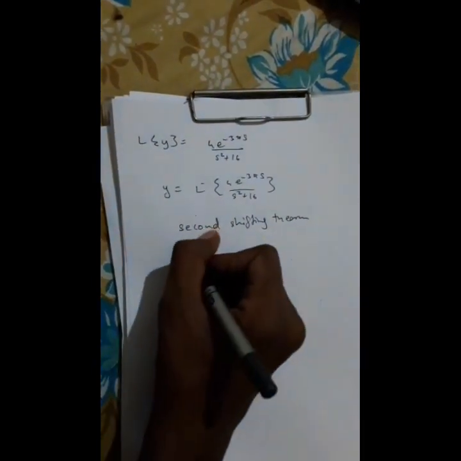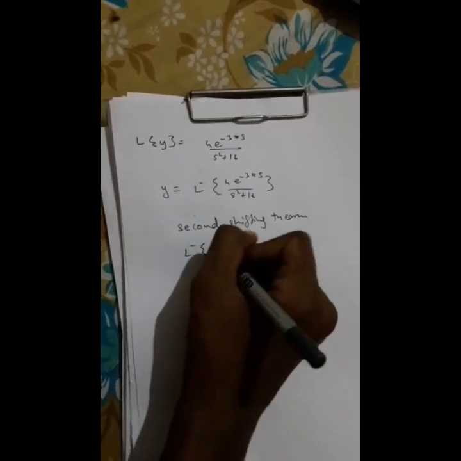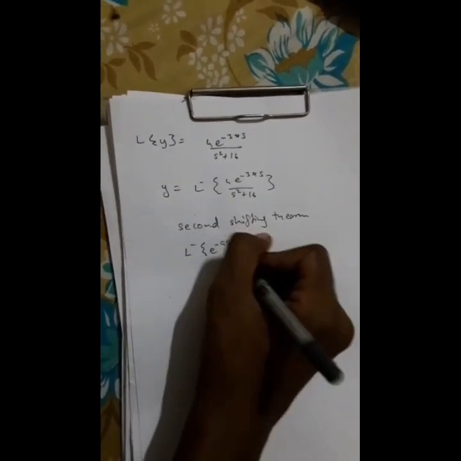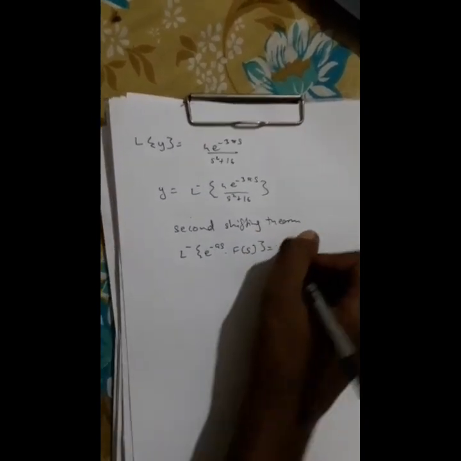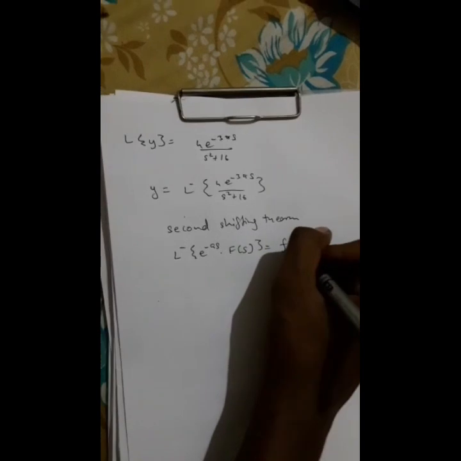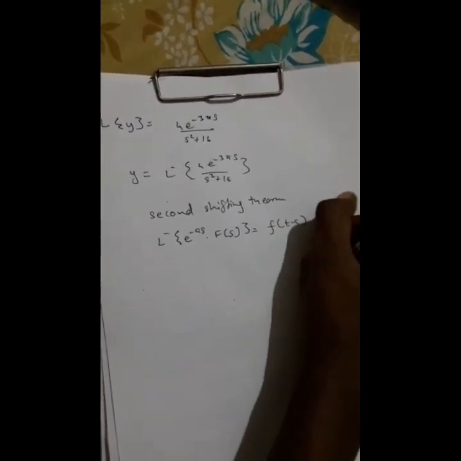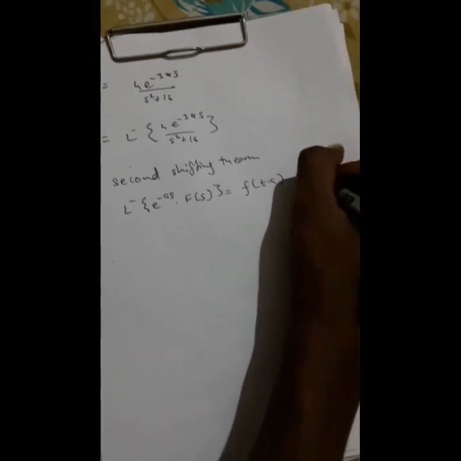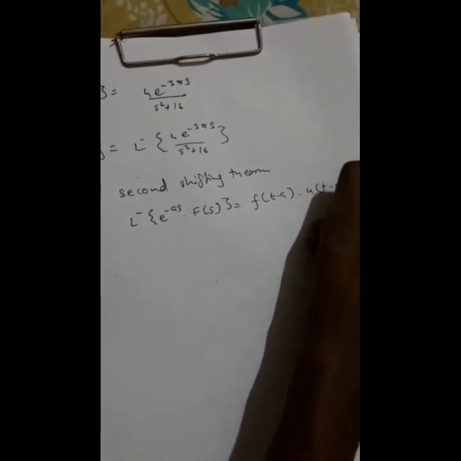The second shifting theorem says that the Laplace inverse of any function of the form e power minus a s into F of s will be f of t minus a into u of t minus a.